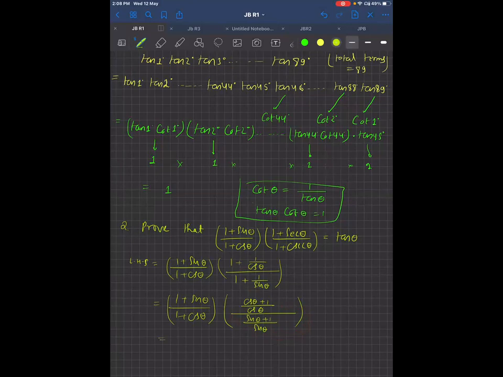Let me write (1 plus sin theta)/(1 plus cos theta). Cos theta plus 1 we already have in the numerator, and this sin theta is also multiplied with it. In the denominator, sin theta plus 1 we already have, and cos theta is also multiplied in the denominator.